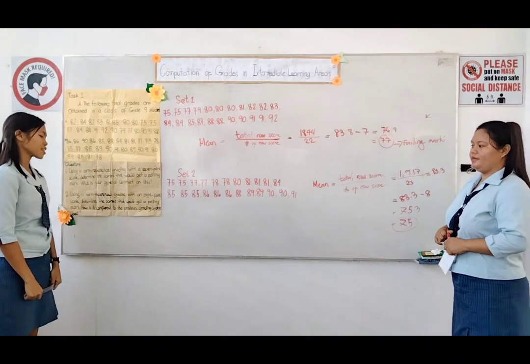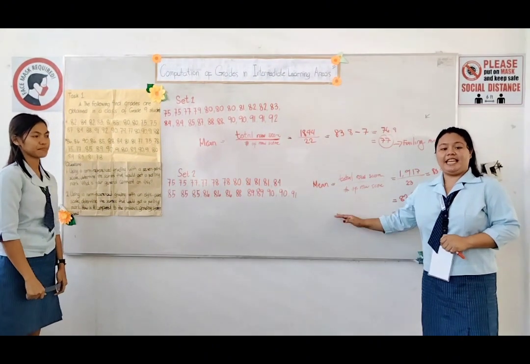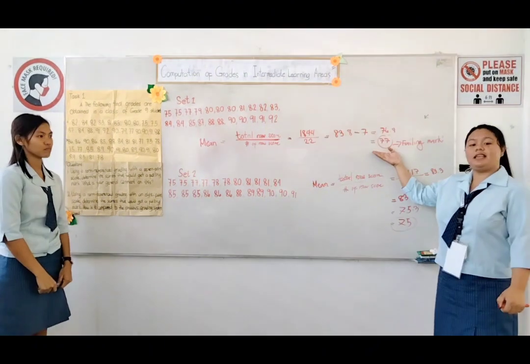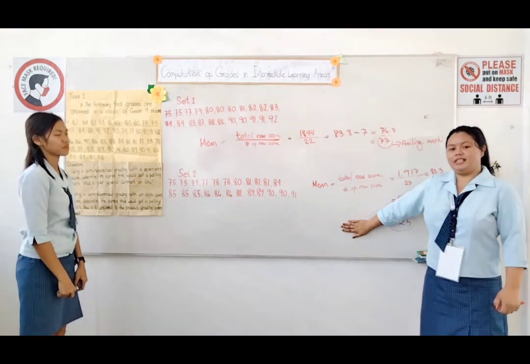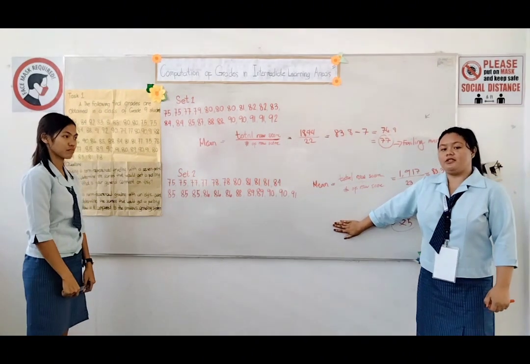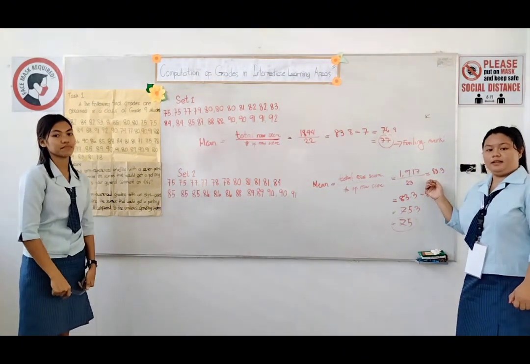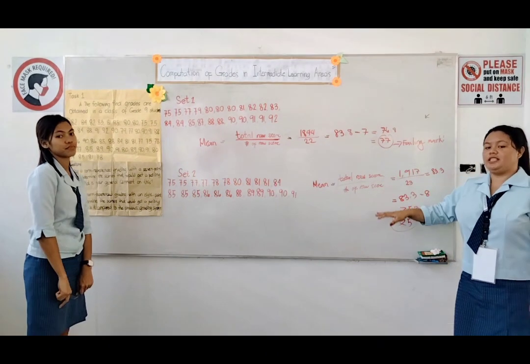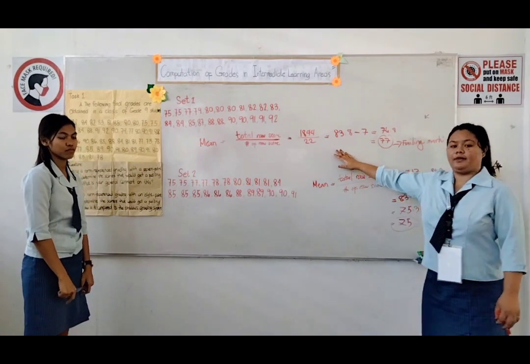So, how is it compared to the previous grading scale used? So since 75 is lower than 77 in set 1, I can say that set 2, which is a norm reference grading with an 8-point scale, is better than set 1, which is a norm reference grading with a 7-point scale.